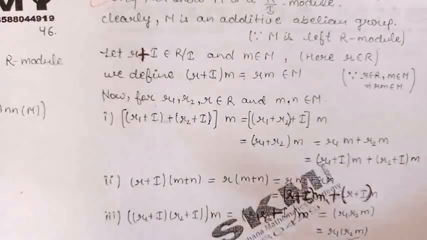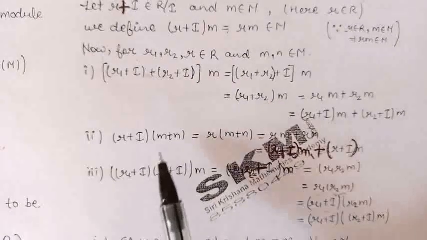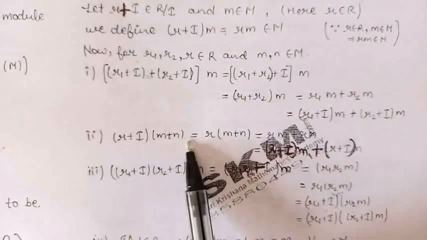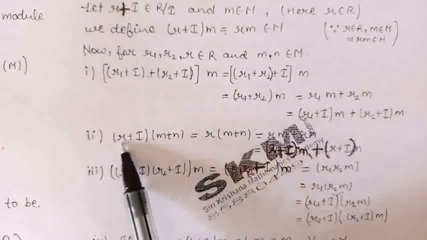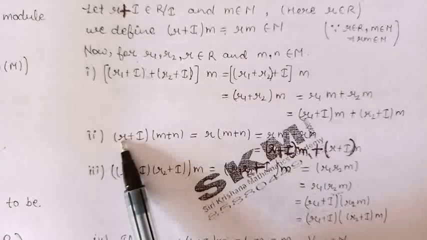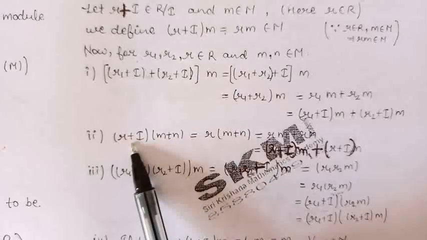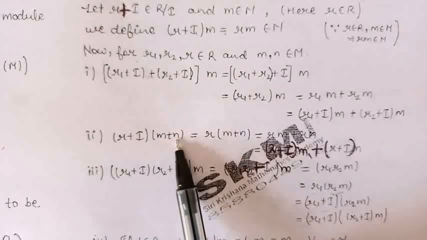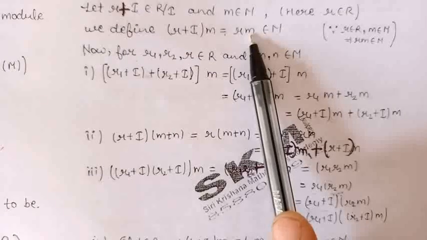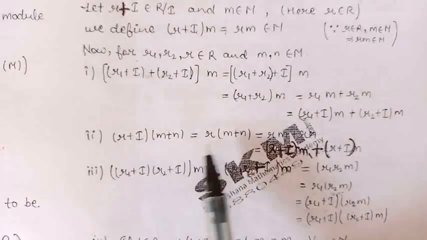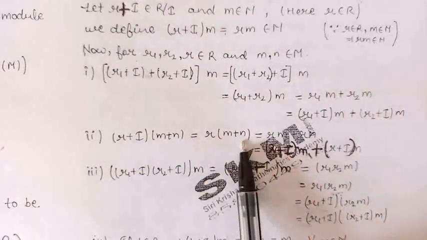Now in our next condition, let us take two elements m and n from the module M and r plus I belonging to the quotient ring R by I. Let us find (r plus I) into (m plus n). Now again, by using this definition, this can be written as r into (m plus n).